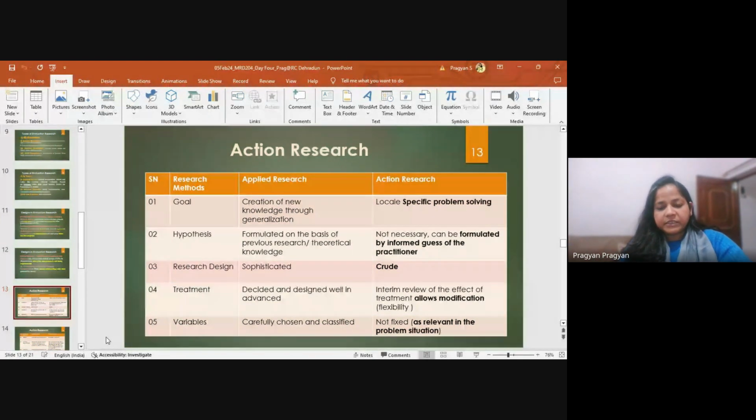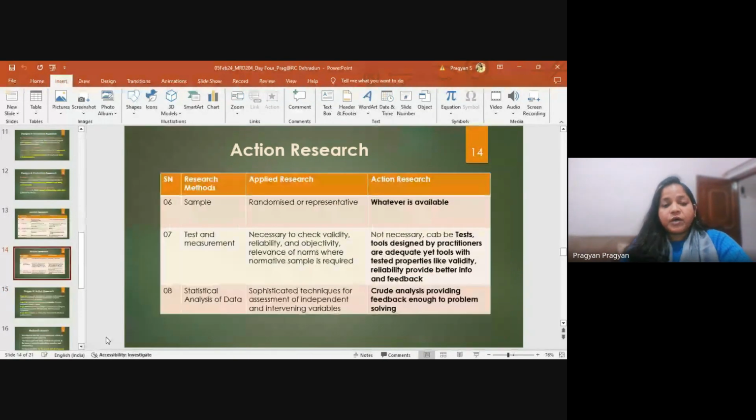So it is a kind of flexible, not so specific, and crude kind of research where the whole area is going to be defined by only those variables that are direct part of a particular specific problem.